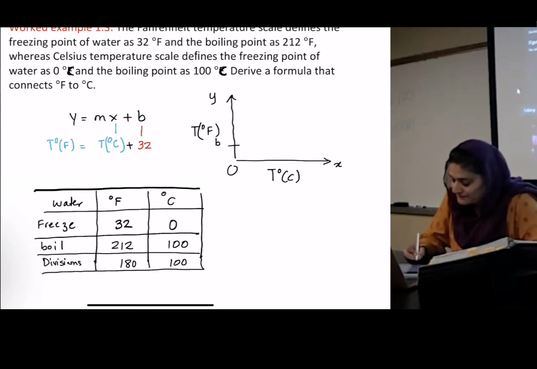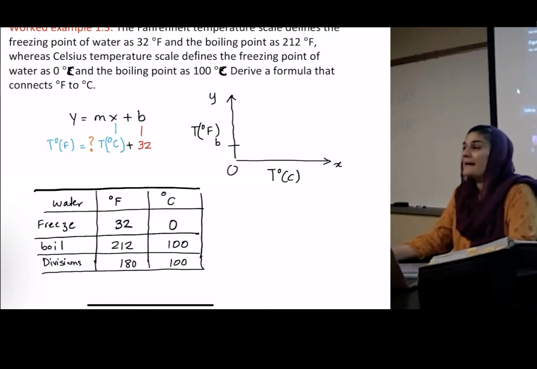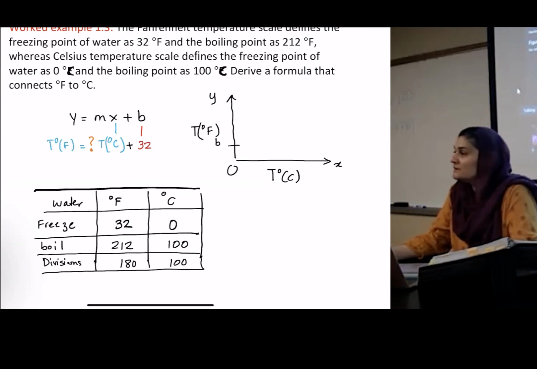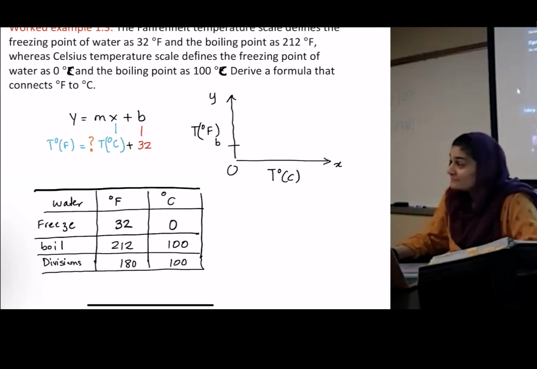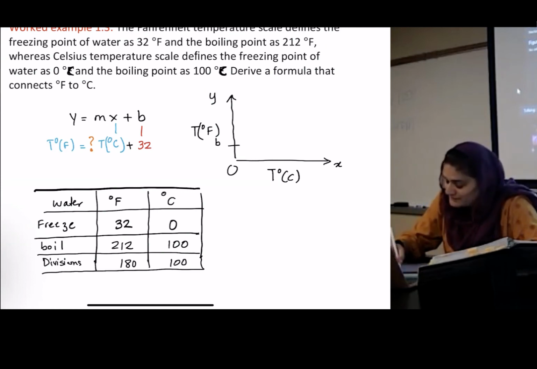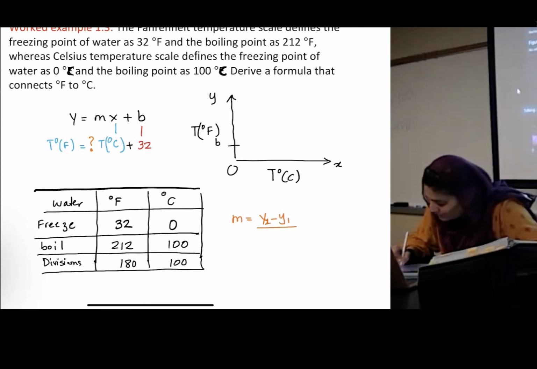What am I missing? I do not know my M. How do I find my M? Rise over run. So what will be my rise over run? Y2 minus Y1 over X2 minus X1.